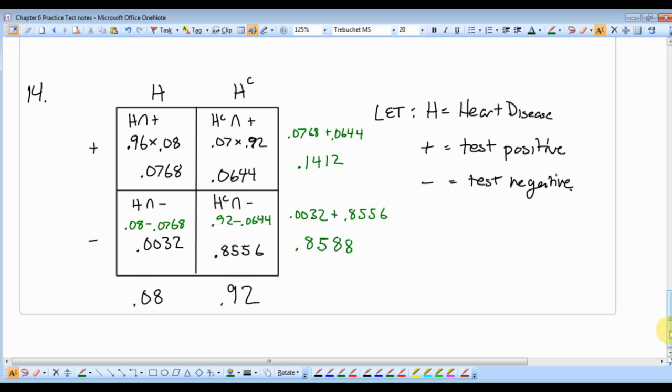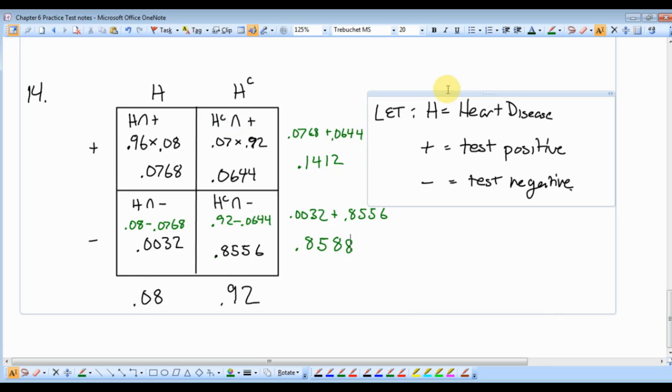That's all the information we need to fill in this chart. The first piece of information we're going to look for is something where the two events are not mixed up, and that was the first clue given: 8% of all people in this small town have heart disease.